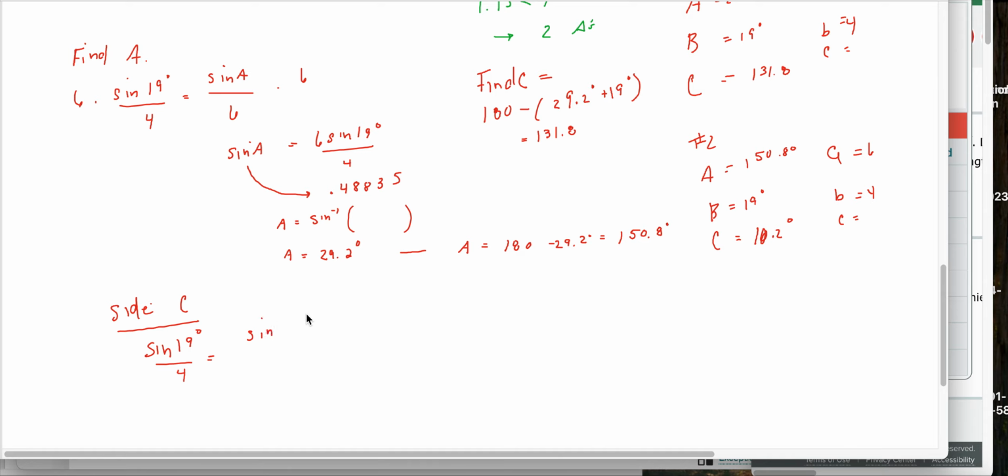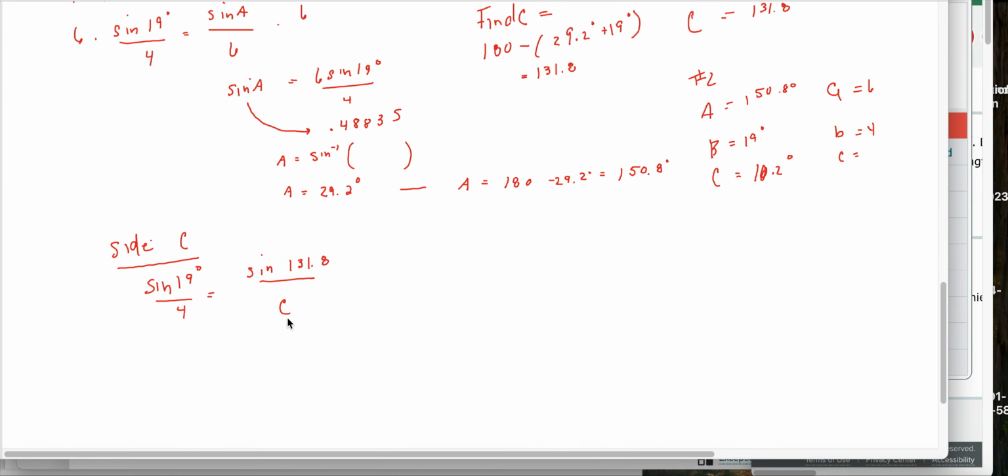So we would use the 131.8 over side C. Then again, I always think of just cross multiplying. So we would have C times sine 19 is equal to 4 times sine of 131.8. So C is equal to this divided by sine 19. And so C in that case would be 9.2.